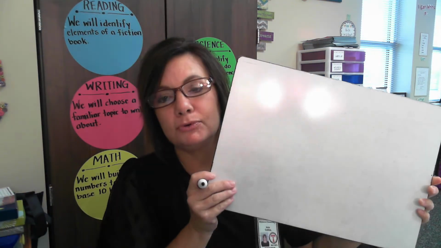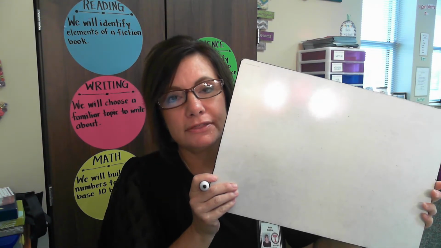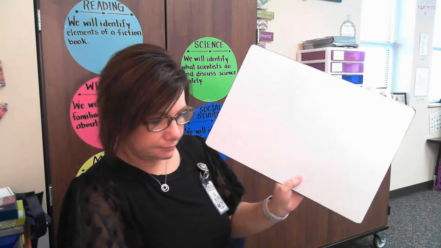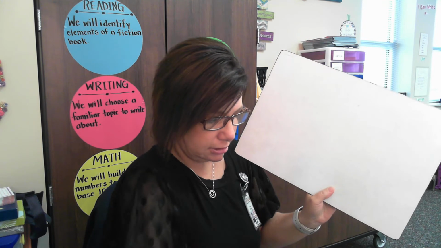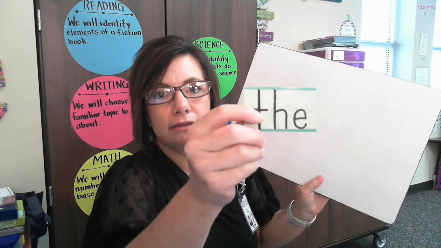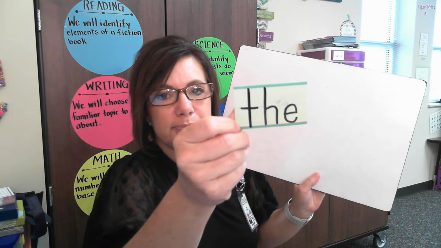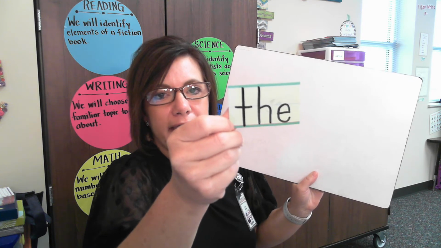I'm going to use my marker and my whiteboard just like I have for another lesson earlier. It makes it easier for you to see. The first word we're going to start with is the word the. Let's spell it. T-H-E.